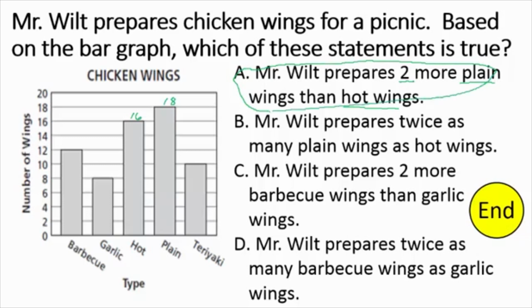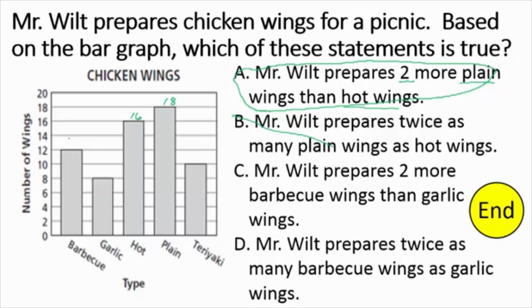Just to confirm that B and C and D are wrong, Mr. Wilt prepares twice as many plain wings as hot wings. Well, if that was the case, it'd have to be 18 versus 9 down here, and that's not true, so that one's gone. Mr. Wilt prepares 2 more barbecue wings than garlic.